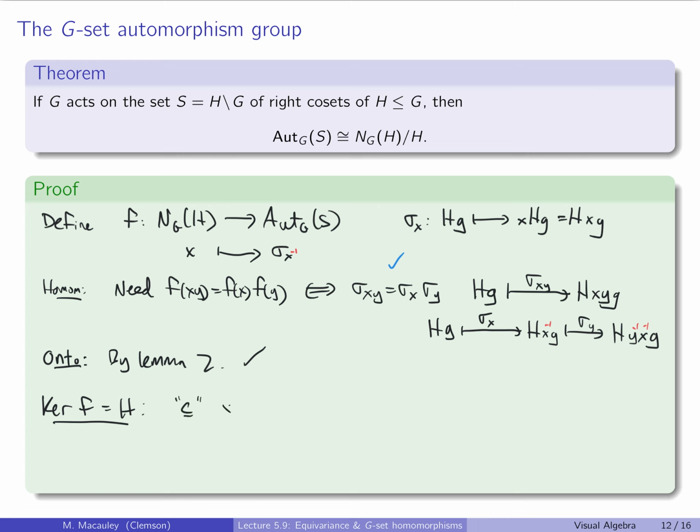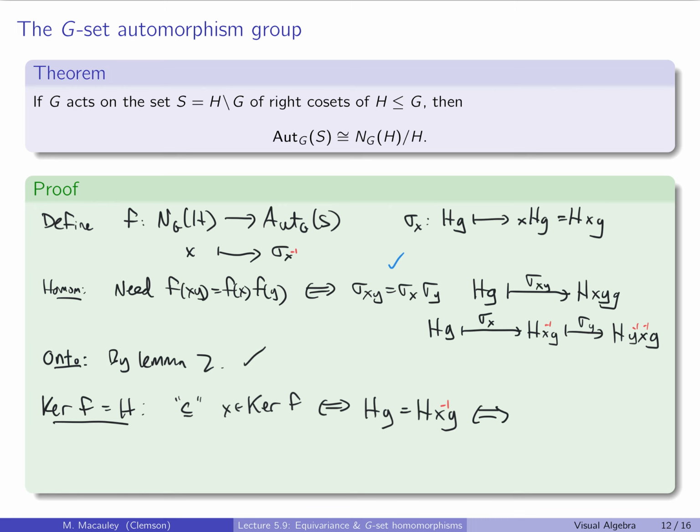Let's take an element in the kernel of f. That is the same thing as saying Hg equals Hxg. And now I should really put the inverse right there based on this little detail that I had to fix. Again, it's not going to make a difference. This is if and only if, we just right multiply by g here.